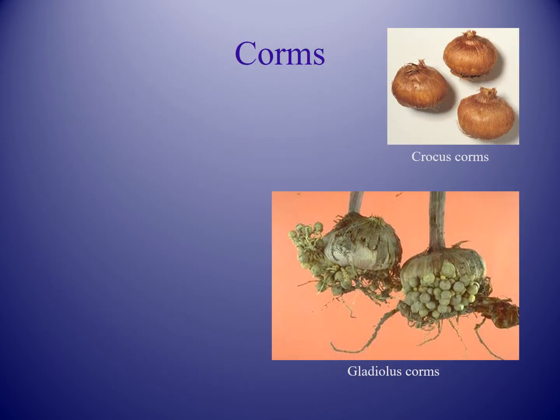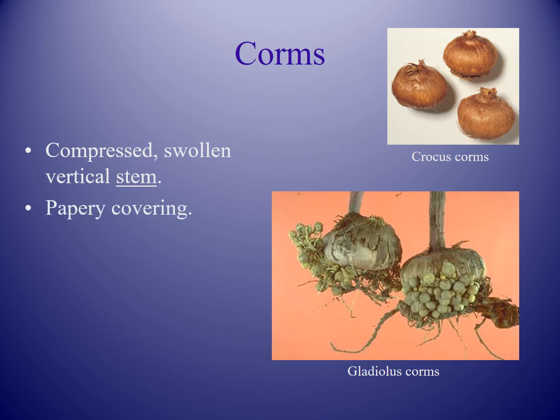All right, a corm is probably something that most of you are not familiar with. A corm is also a stem modification. By definition, corms are compressed, swollen, vertical stems. You find corms underground, so they're located underground in the soil.